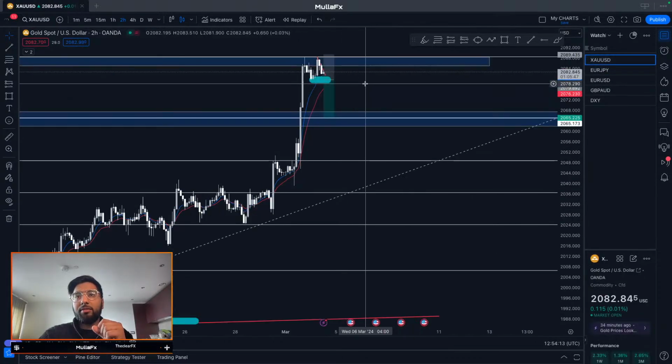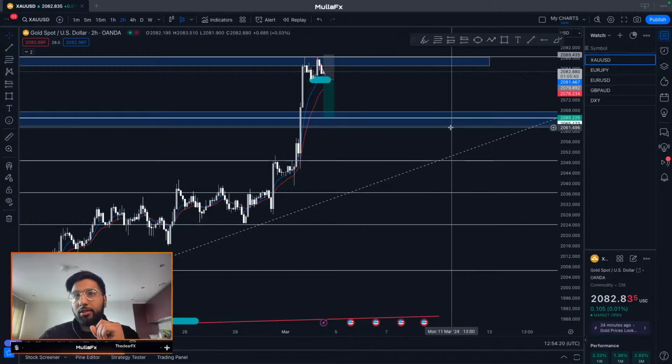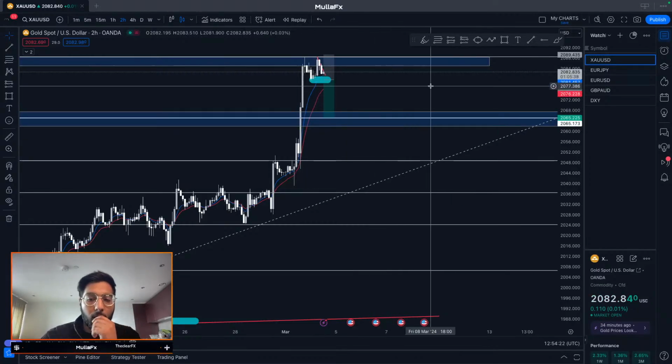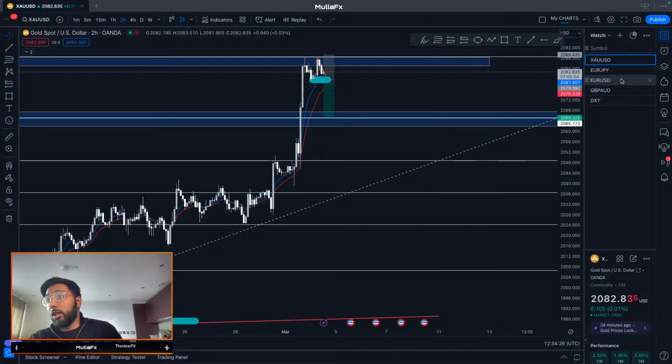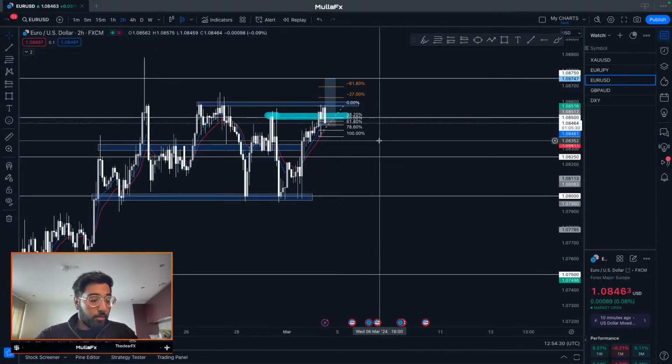And on gold, we're looking at gold to go to 2064. That's the first level there. See what price does, and then continue with that. We're almost close to our stop loss on Euro USD, so that's one we have to have a look at and see why.